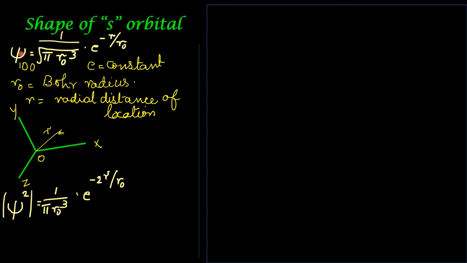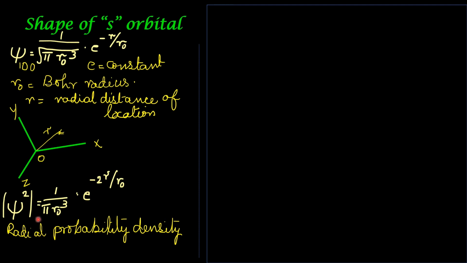Another quantity derived from this wave function is what you call radial probability density, psi square. What is the expression? The expression on the right hand side of this equation is multiplied by itself.